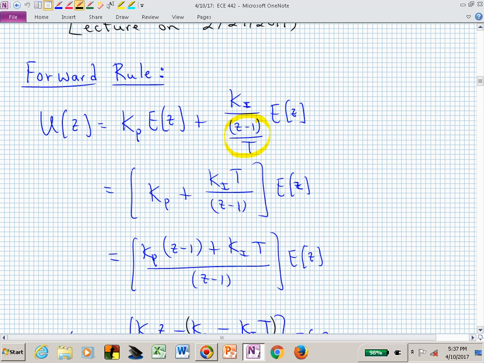We now have a proportional piece, and we have a second piece that's consistent with the integral piece that we had in the analog case.